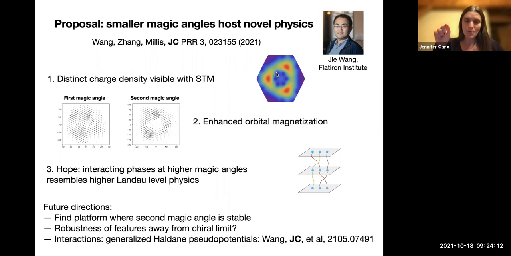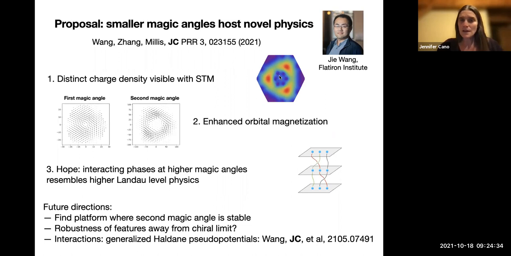It can vanish at points, and then the wave function will wind around those points. Now, if you move away from the chiral limit, then you no longer have this nice feature that the flat bands are localized on either the A or the B sublattice. And so you can't express your flat band as a two-component spinor anymore. It has to be a four-component spinor.